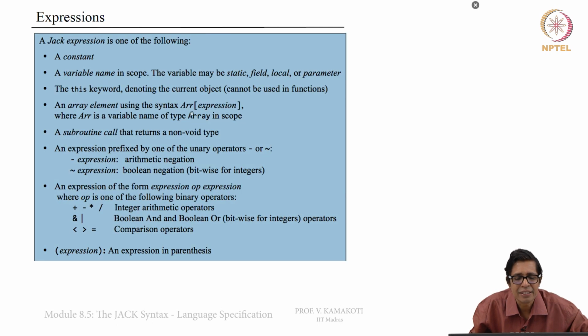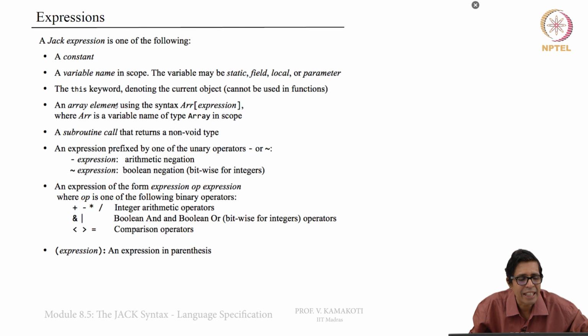So, the expression is an array in which I could have ARR of 2 into j plus k. 2 into j plus k is an expression, right. So, an expression can have an array, inside that there could be an expression. So, the recursiveness starts here.